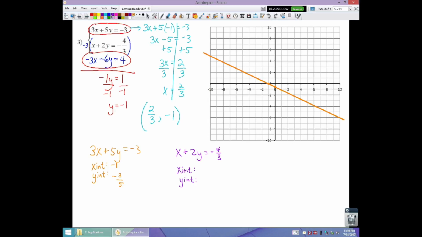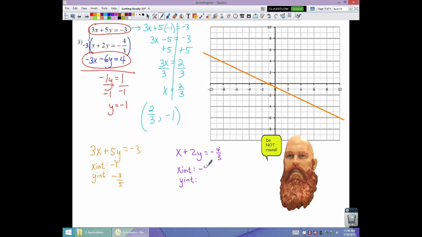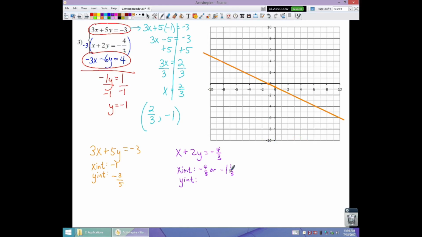All right, the purple equation here, my x-intercept, I ignore the y's. So x is equal to negative 4/3, or negative 1 1/3, don't round that. The y-intercept, I ignore the x's. So that gives me 2y equals negative 4/3.